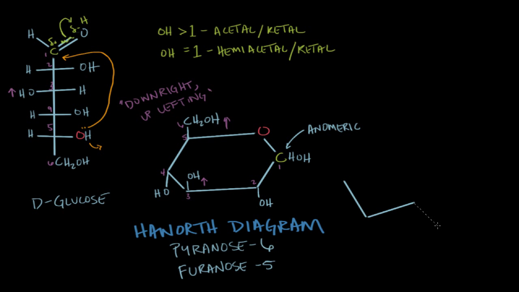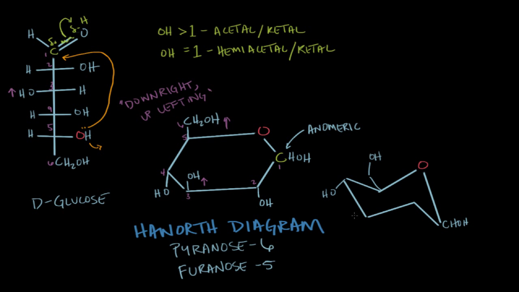Now the last thing I want to show you is the chair conformation. That's because this is the kind of diagram that's going to give us a sense for the actual configuration of D-glucose, but it really does just follow suit with the Haworth projection as far as the substituents being above or below the ring.